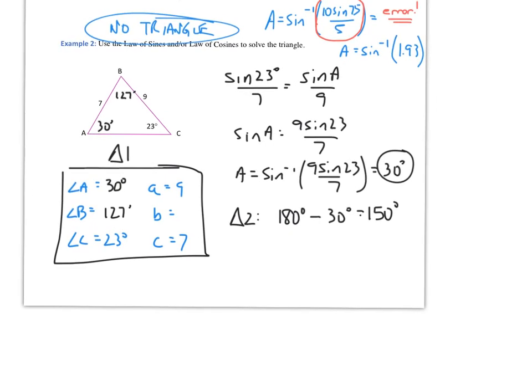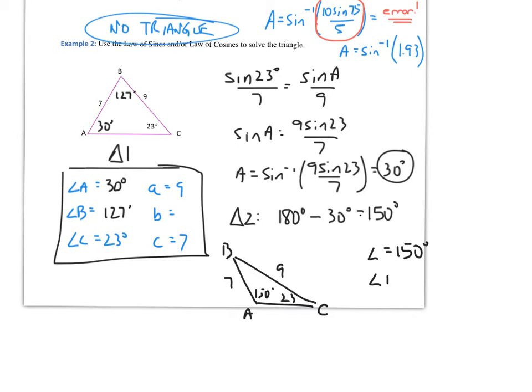Okay, so to put this in perspective for you, I'm going to draw this situation. We still have C down here at 23 degrees. Opposite of C is 7, opposite of A is 9. But now A is 150 degrees, and angle B is up here. In triangle 2, angle A is 150 degrees.